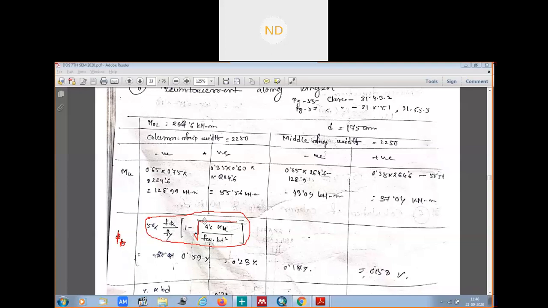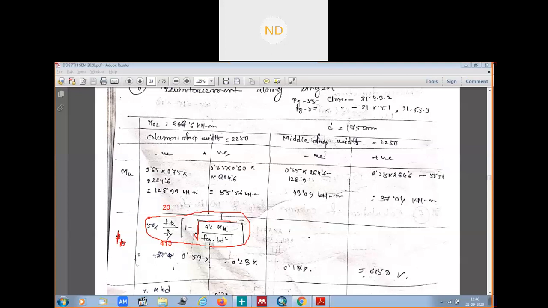So if we calculate it here, how can we show it? This fck is 20. fy is 415, Fe 415 steel. We have 1 minus root over 4.6 Mu. Mu we have got for the negative moment here for the column strip.